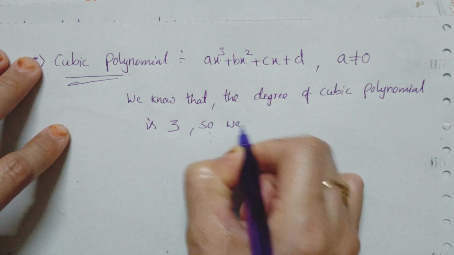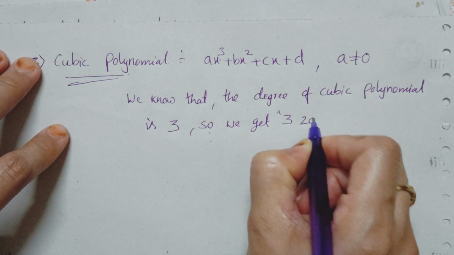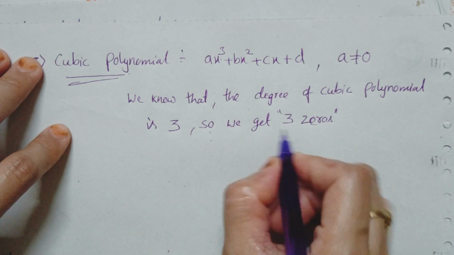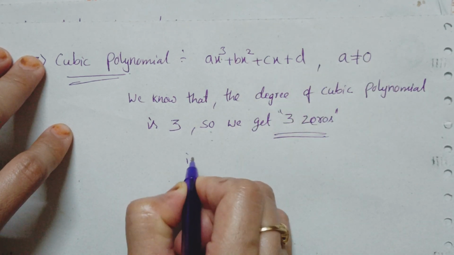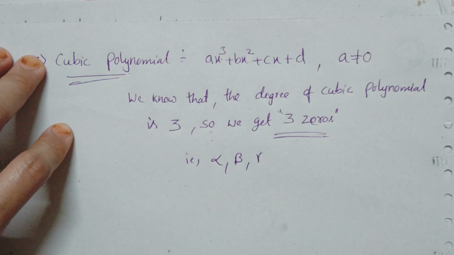So we get 3 zeros. Let us treat those zeros as alpha, beta, gamma.